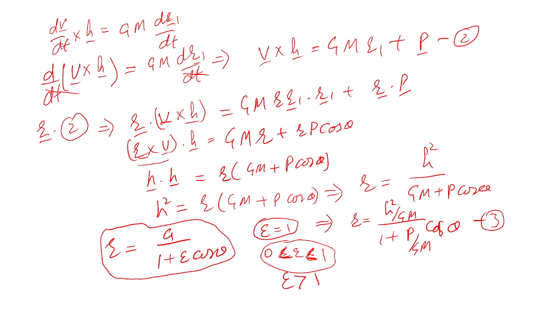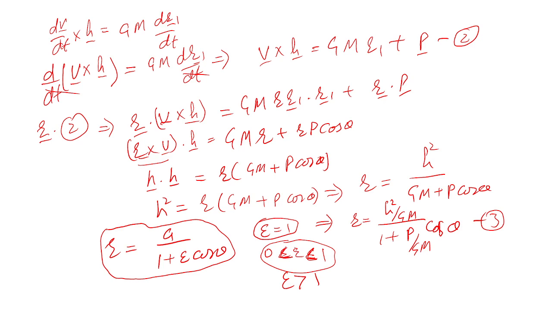So this is exactly this form. A is h square over GM and P over GM is epsilon, that is the eccentricity of the path. But we see that the planet moves in a closed path. Parabola is not closed. Hyperbola is not closed. Ellipse is a closed path.